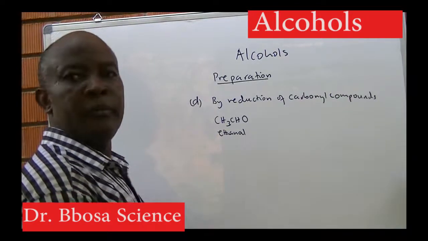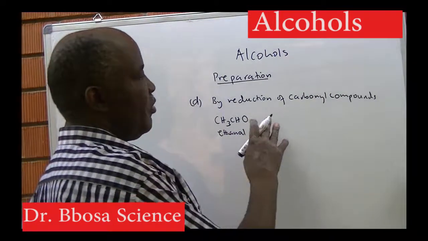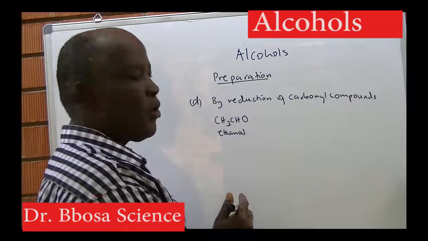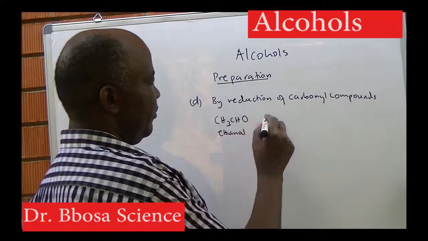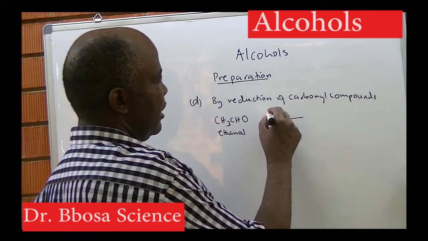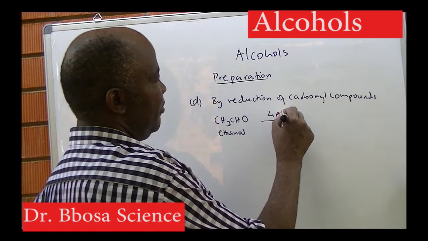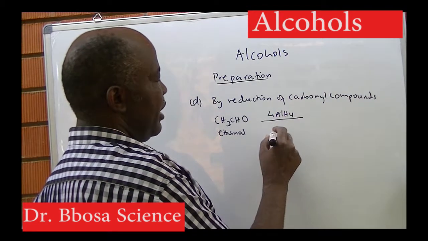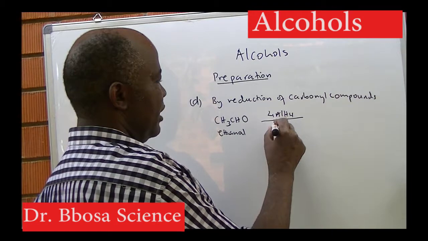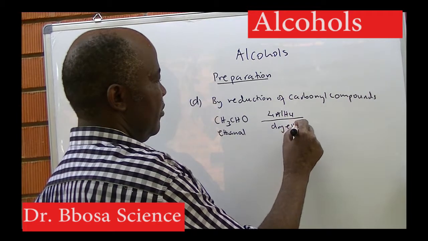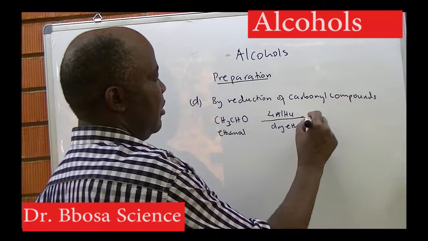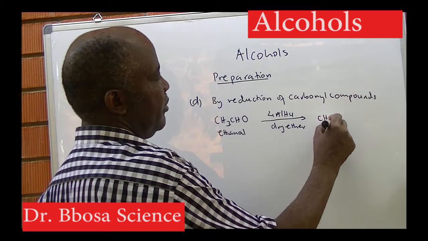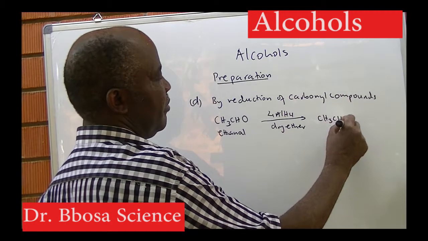D. By reduction of carbonyl compounds, ethanal plus lithium aluminium hydride in the presence of dry ether will give you ethanol.